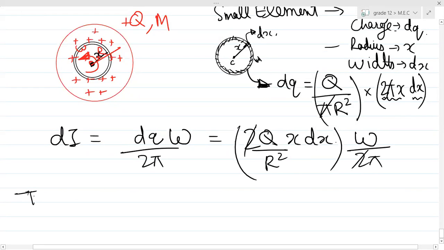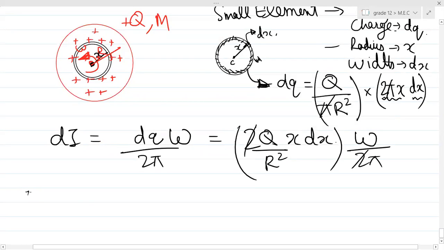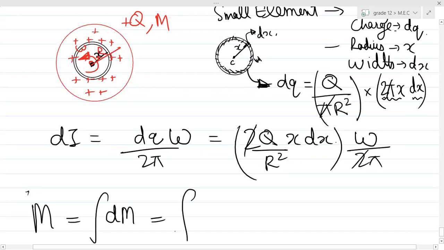Now the small magnetic moment. Or instead of writing small magnetic moment, we can directly write: the magnetic moment will be the integration of dm vector, which will be the integration of di multiplied by the area. Now you will write the area of this loop. So you'll write pi x square over here.